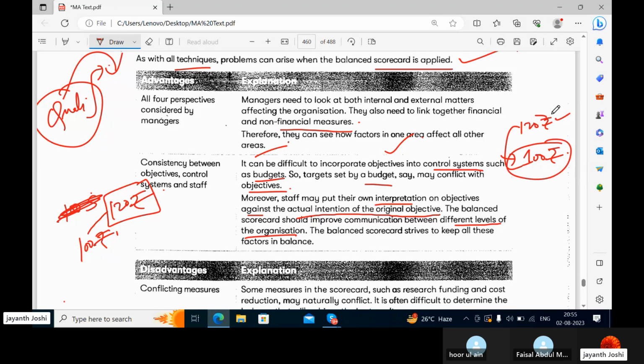If I have to pay extra money for that purchase, then I should be ready for that. So that should not affect my quality and my customer satisfaction aspect. So I need to balance. I need to make strategies in such a way that I balance things.